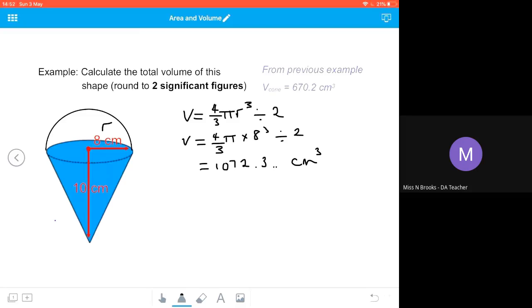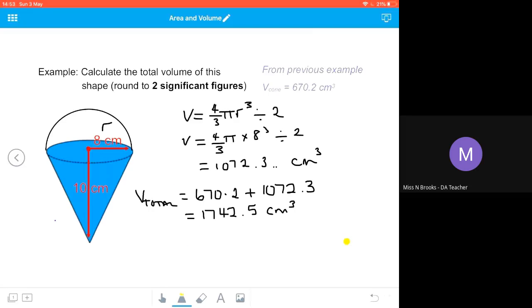So the total volume, so my V total, is going to be the volume of the cone, which was 670.2, and now I'm going to add on the volume of my hemisphere, which is 1,072.3, and that adds together to give me 1,742.5 cubic centimeters. Now it's asking me to round to 2 significant figures.